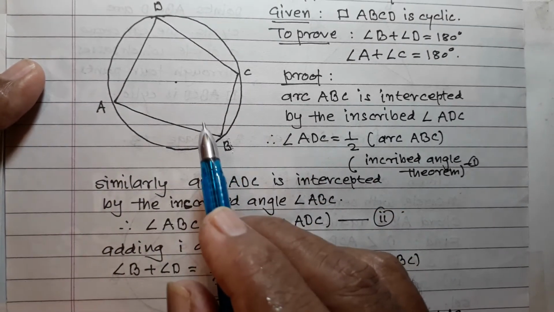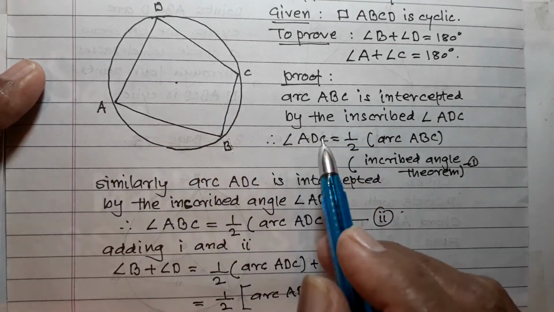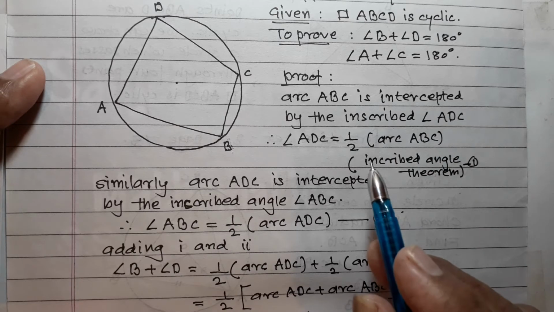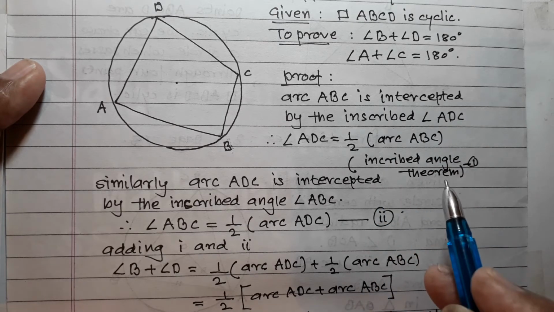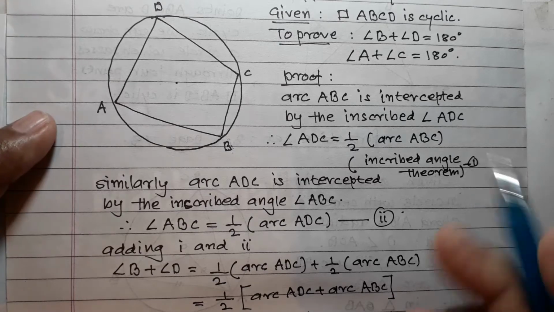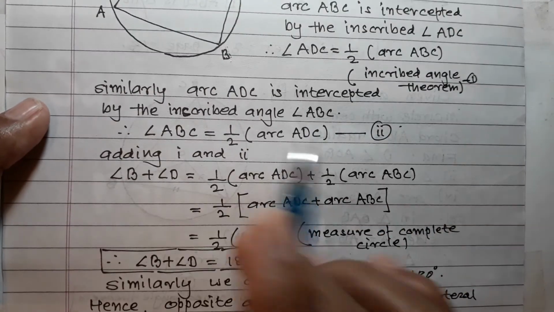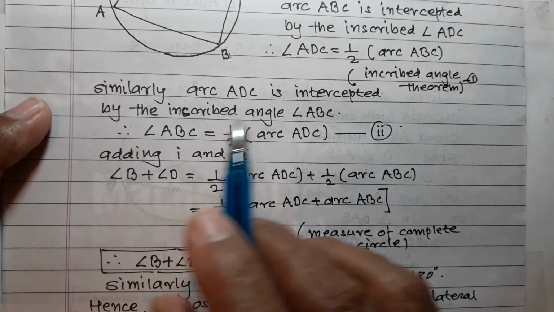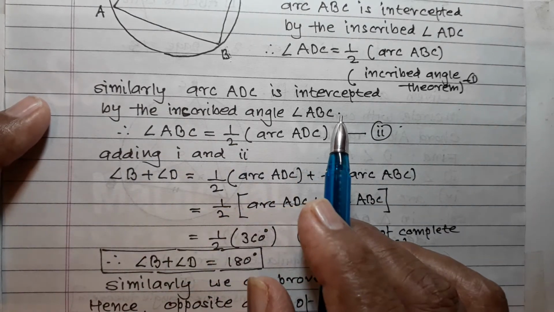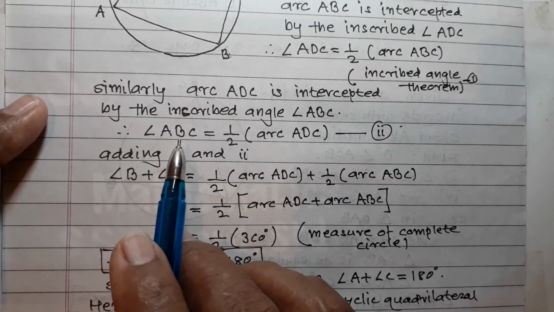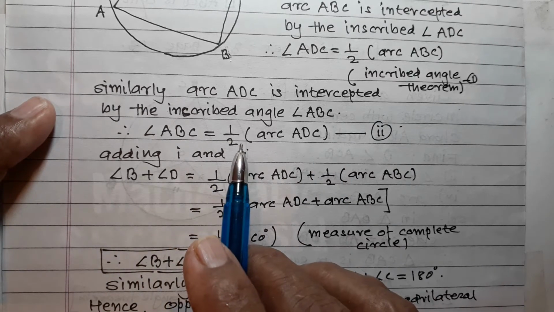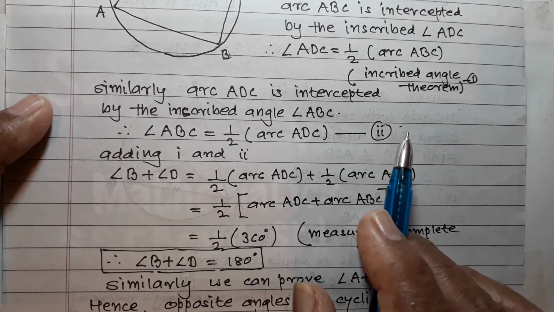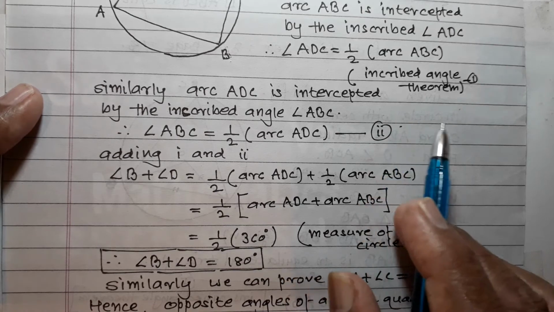Reason: inscribed angle theorem. Statement number 1. Similarly, arc ADC is intercepted by the inscribed angle ABC, and therefore angle ABC is equal to 1/2 arc ADC. Statement number 2. Reason same, inscribed angle theorem.